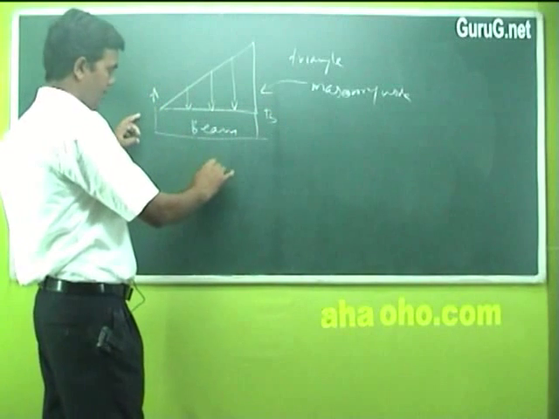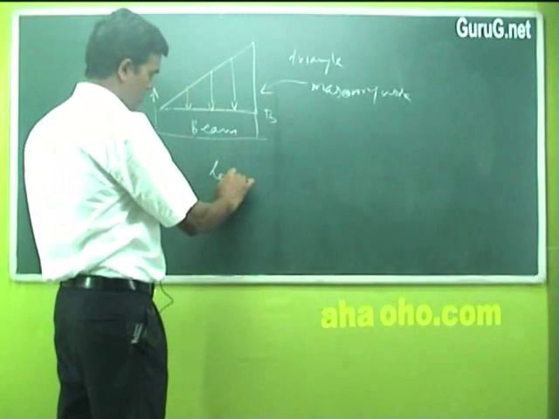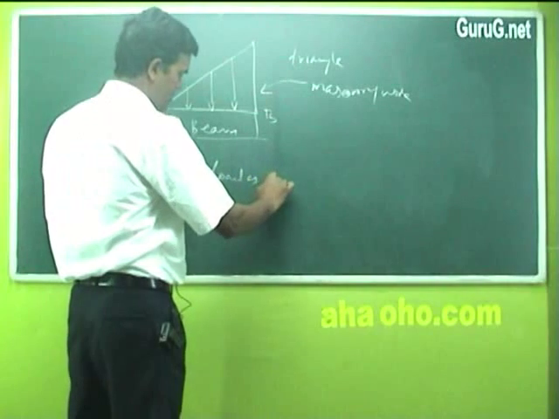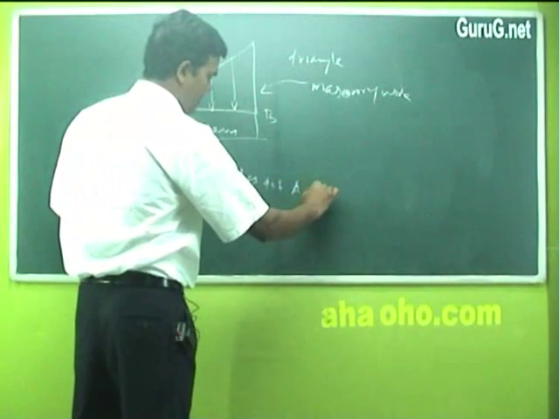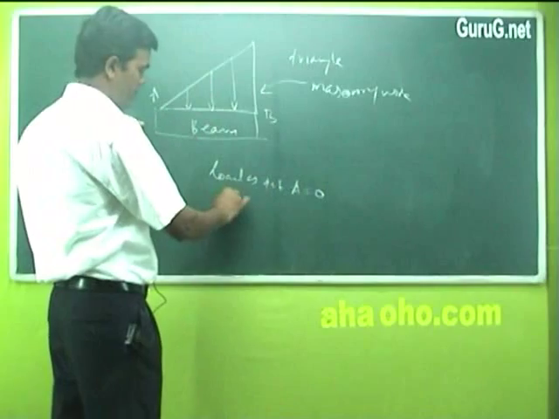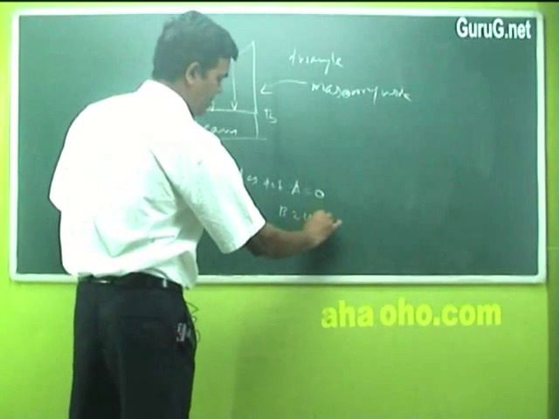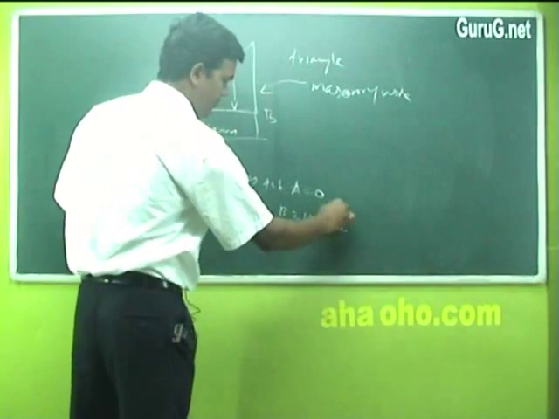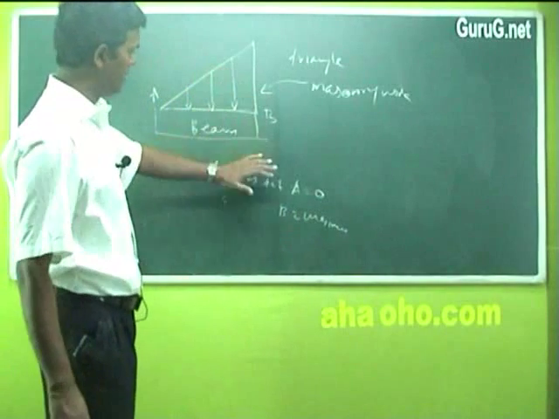At point A my load will be 0. Load at point A is equal to 0, and load at point B will be maximum. Okay, so this is the idea.